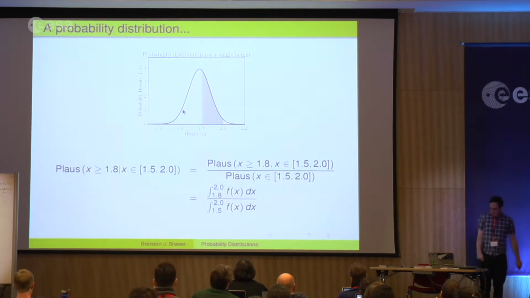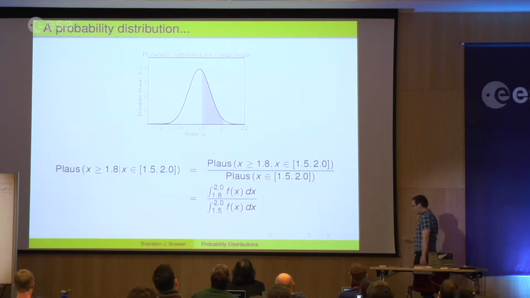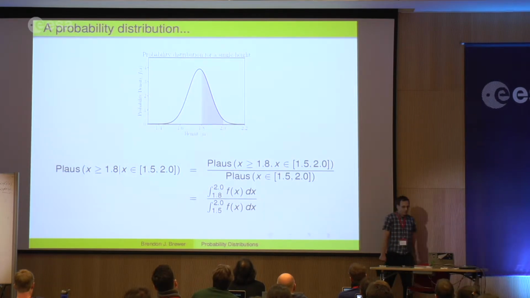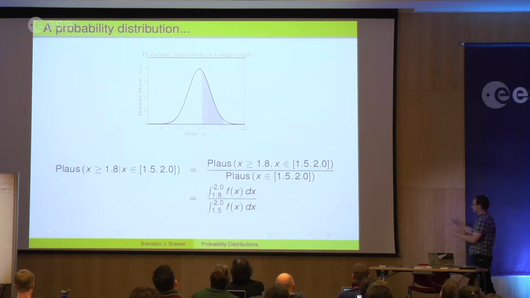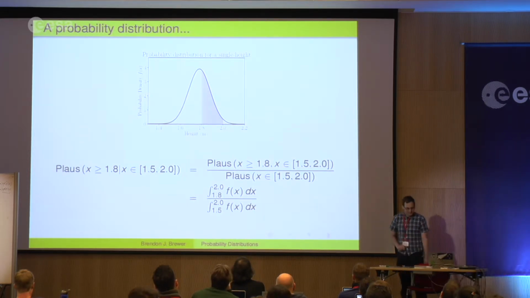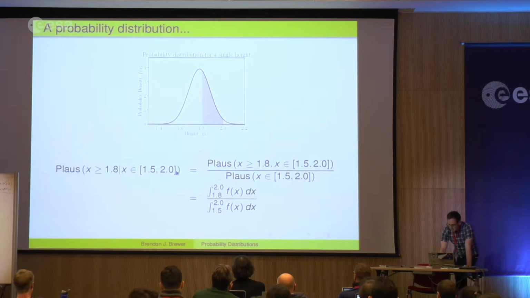And exactly the same calculation could be used to model the situation where there is one person whose height you care about and you just don't know the height. This function here is a model of the known unknowns, the specific way in which you don't know the height. So you don't know it, but you have some idea. You've chosen this function to model it. And you want to know how plausible it is, or would be, for the height to be greater than or equal to 1.8 if you were to learn that it was between 1.5 and 2.